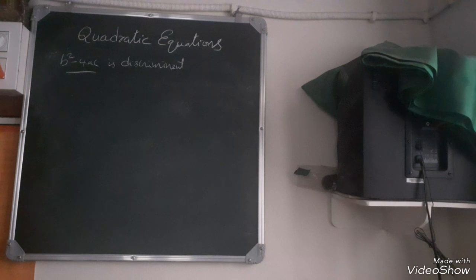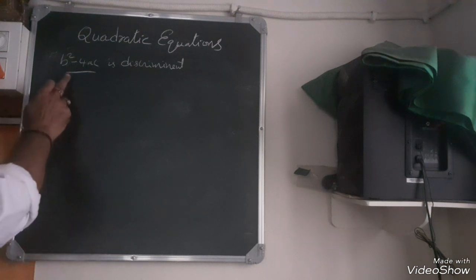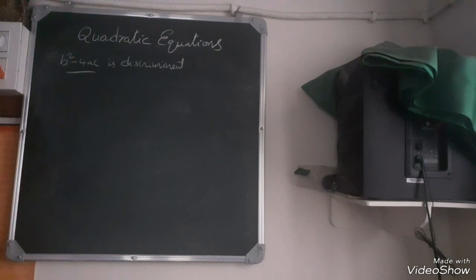Sometimes you may get equal roots. Sometimes you get no real roots. So without finding the actual roots, with the help of b square minus 4ac, we can comment upon the nature of the roots.